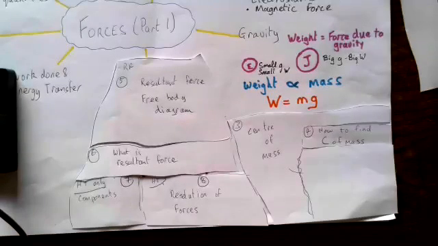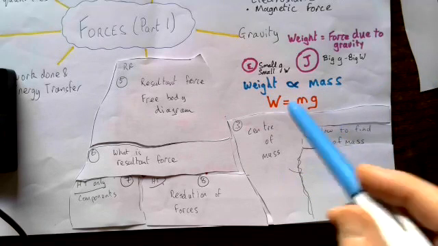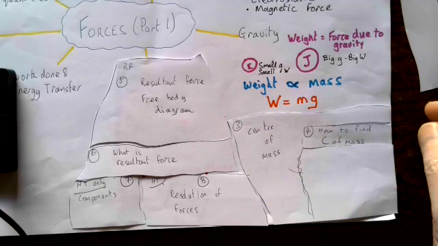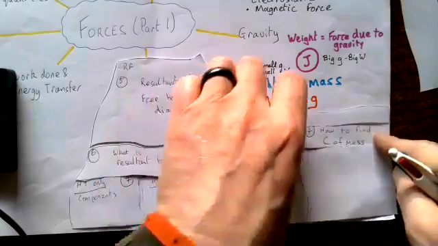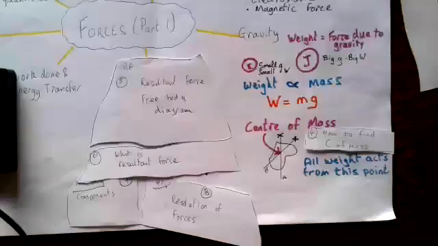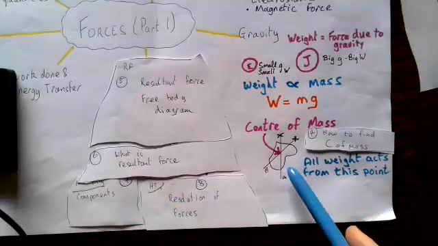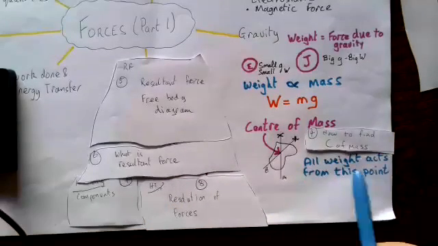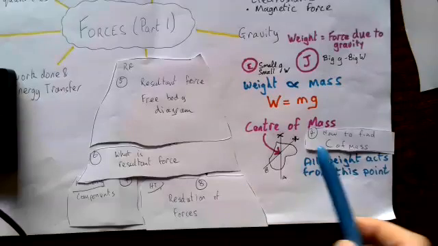So we can simplify the forces on an object by acting all the weight from that center of mass. So our center of mass is this point where all the weight acts from.